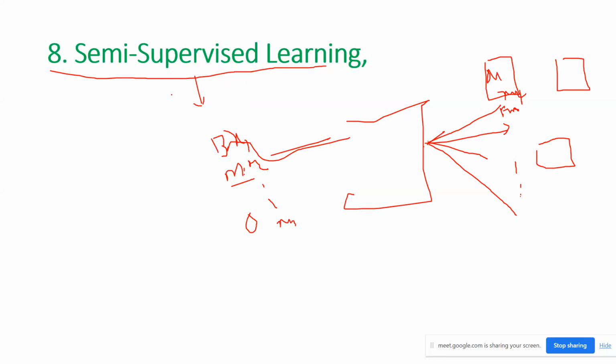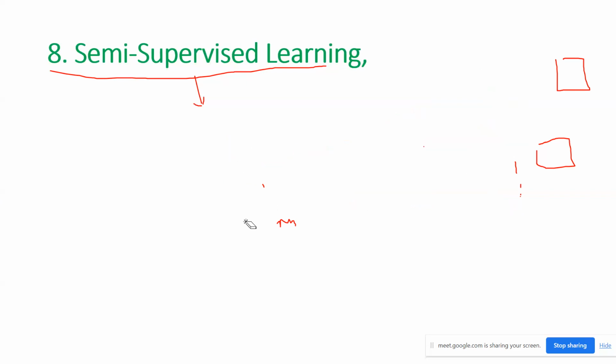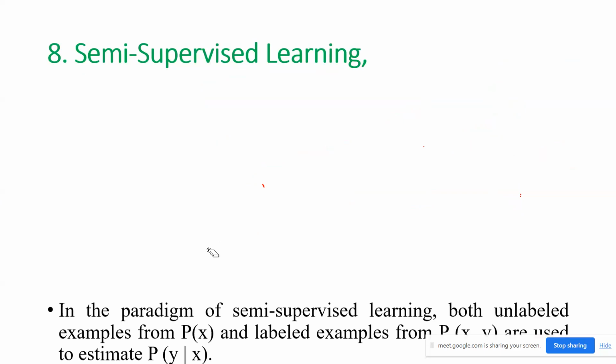If we are using the semi-supervised learning mechanism, it has mixed data, and by using some condition, based on that condition, it works like a classification and clustering series.